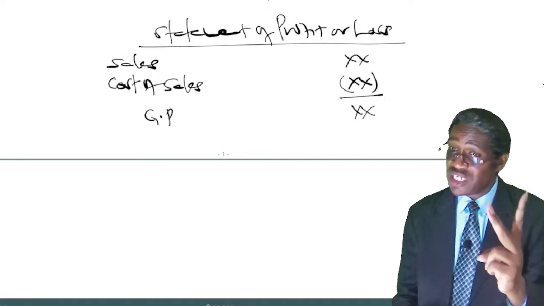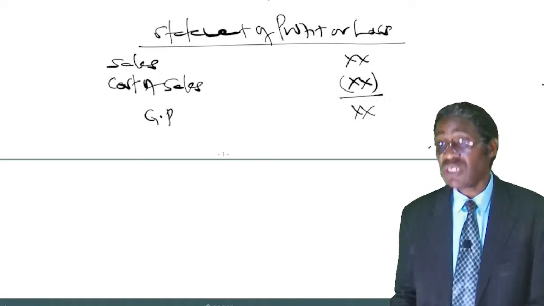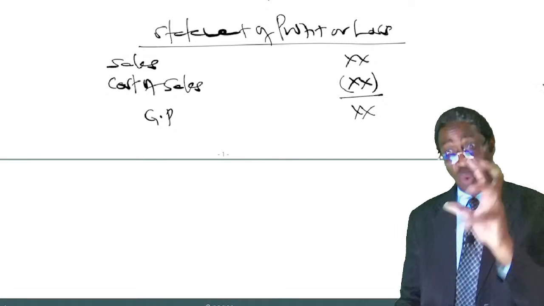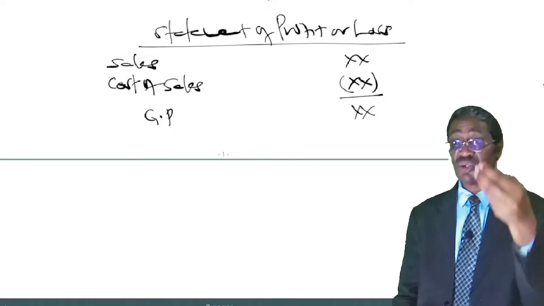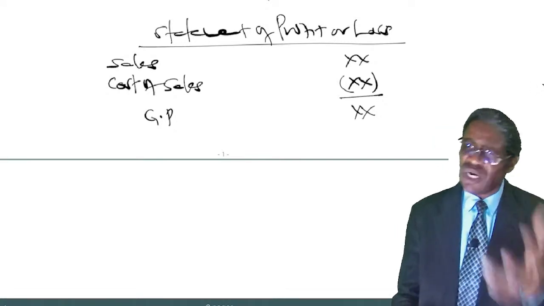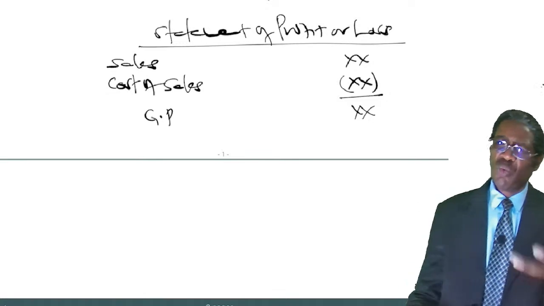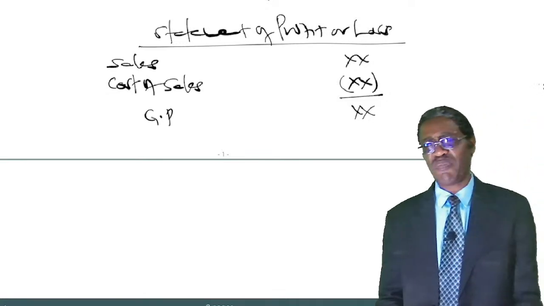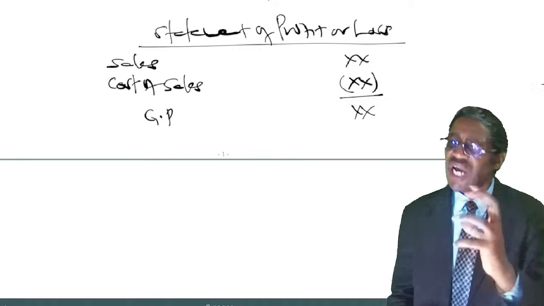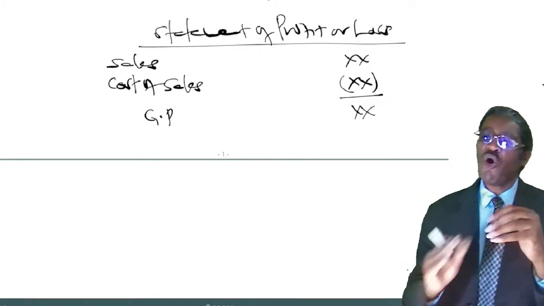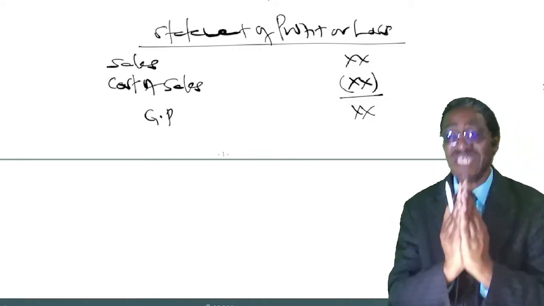There are two categories of functions that may be performed in an organization. One of them is the administration function. So find out from the question what are these expenses that the company has incurred which are considered to be of administration in nature.